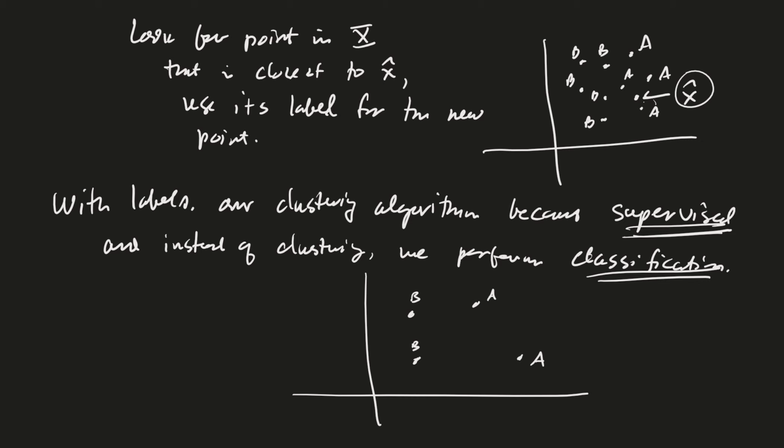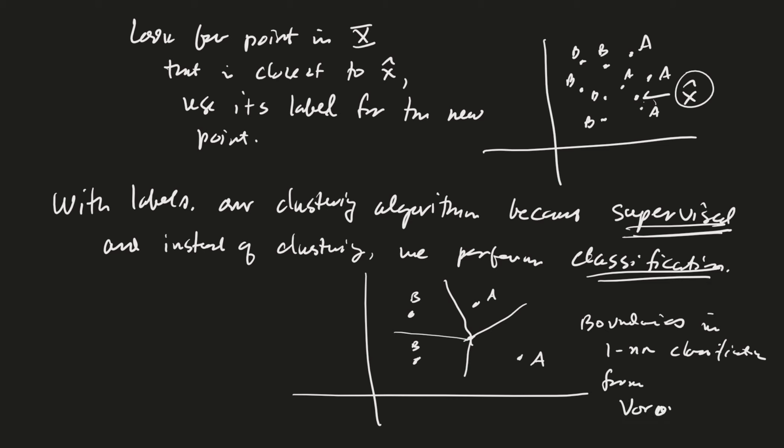Well, as it turns out, the boundaries in one nearest neighbor classification form Voronoi cells. So it's the appearance of the Voronoi cell again.